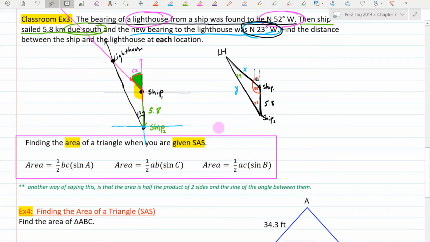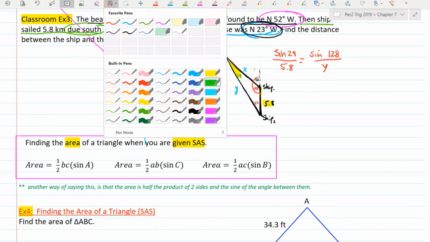Using this, the place where I actually have values on each side is the 29 and the 5.8. So that's the one I have to use twice. So sine of 29 over 5.8 is equal to sine of 128 over y. That's this part.